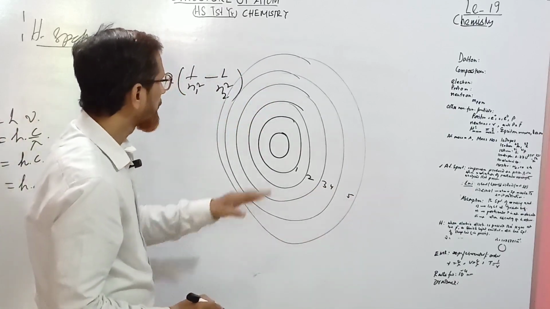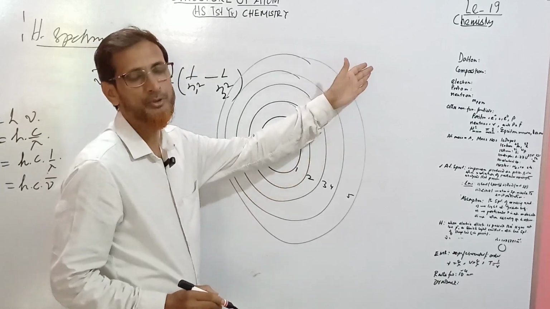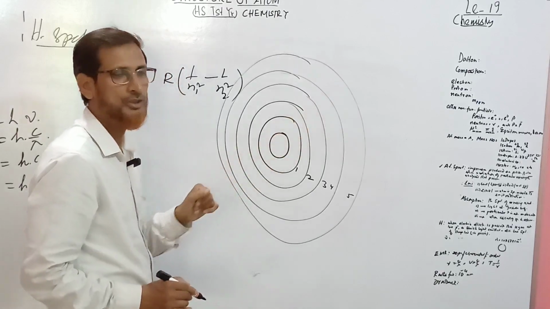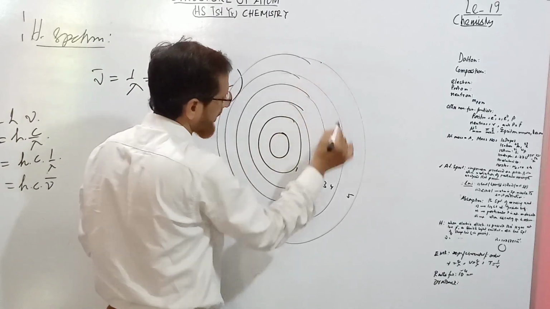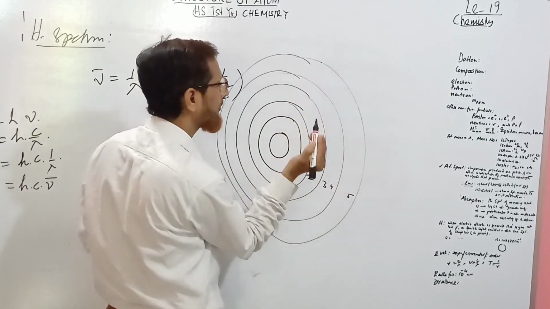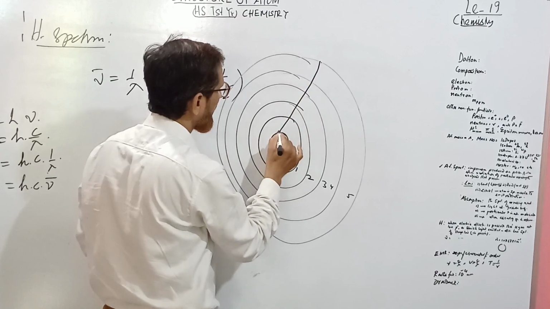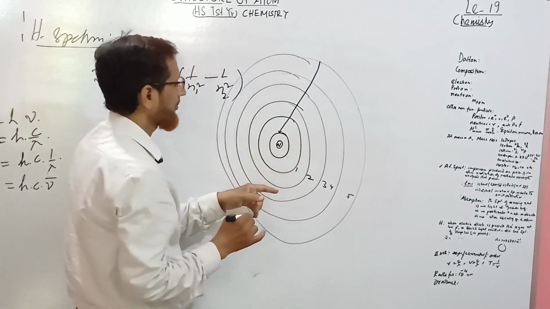Am I right? On jumping to the excited state, the electron may be in any energy level. From that energy level, it will come back to its initial position. Say it is in the last energy state, 5, as I have assumed here. From 5 to 1, if this is the nucleus.